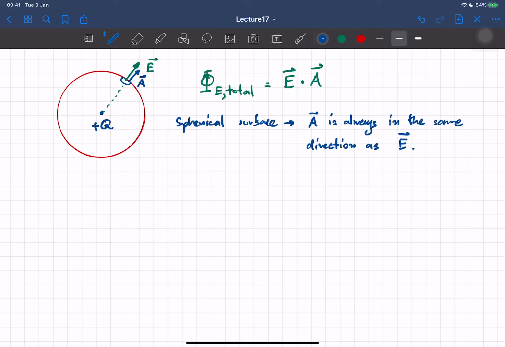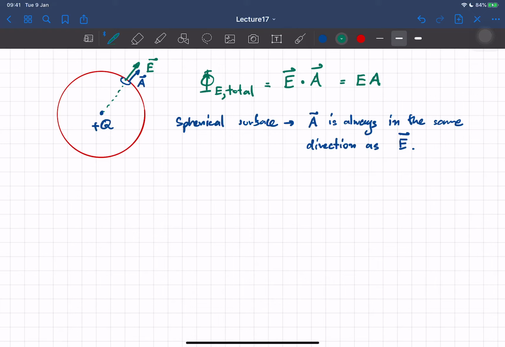This is a result of our choice of a spherical surface. So this dot product becomes very easy to deal with because you don't need to put in the cosine of the angle, because that angle is always 0. So it's just electric field times the area.